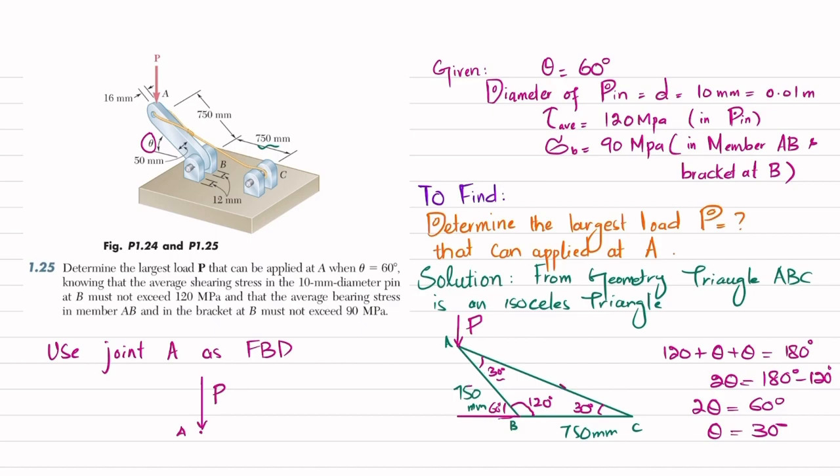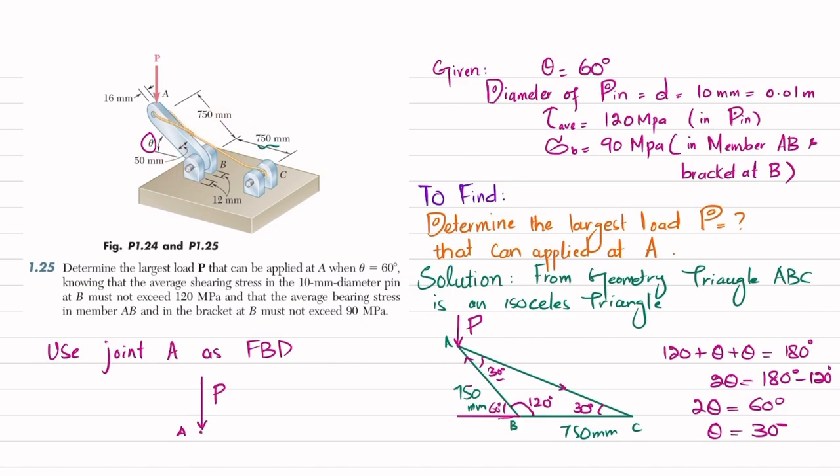This force will be in this direction and the other force FAB will be in this direction. Why? Because due to this load, this will go down and the load in the wire will be like this. But due to Newton's third law, the rope exerts a force on point A in this direction. This is FAC. Similarly, FAB will be in this direction.